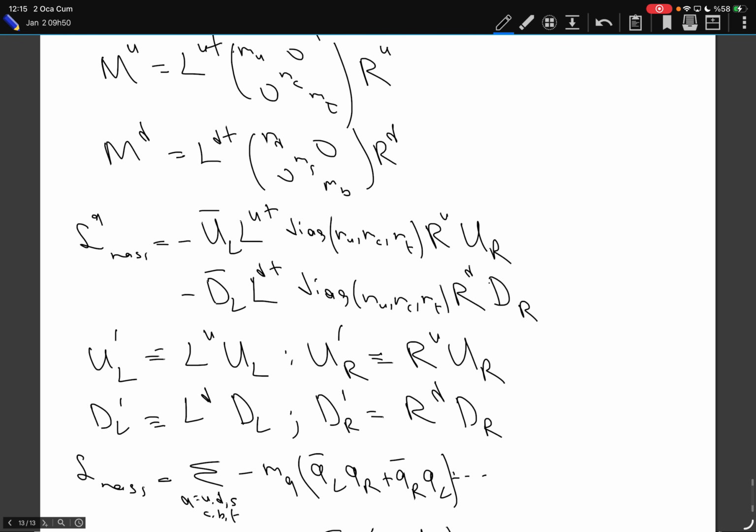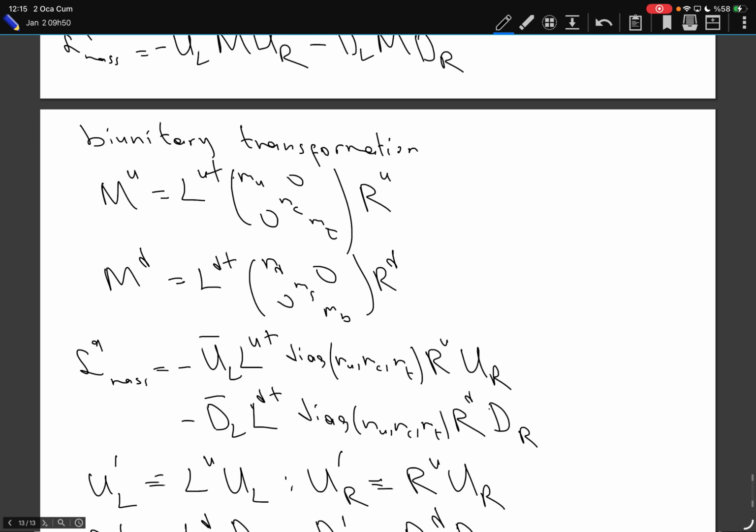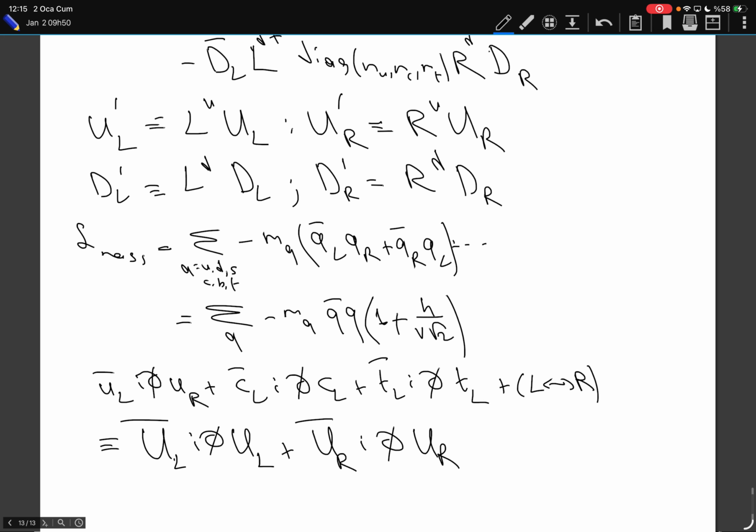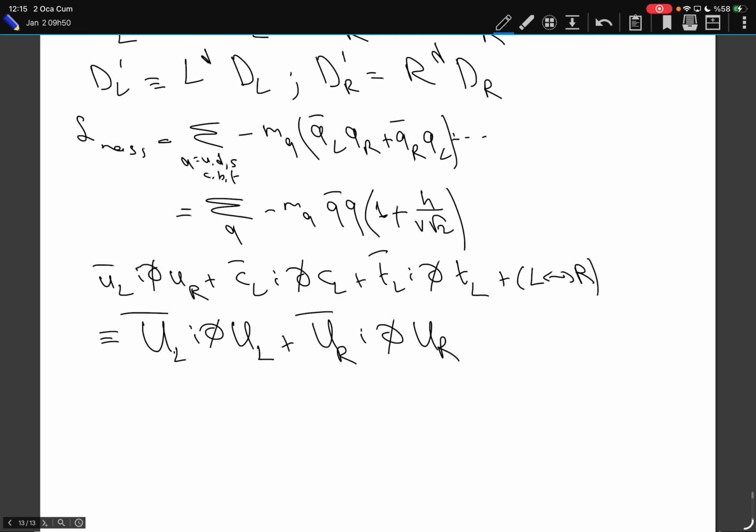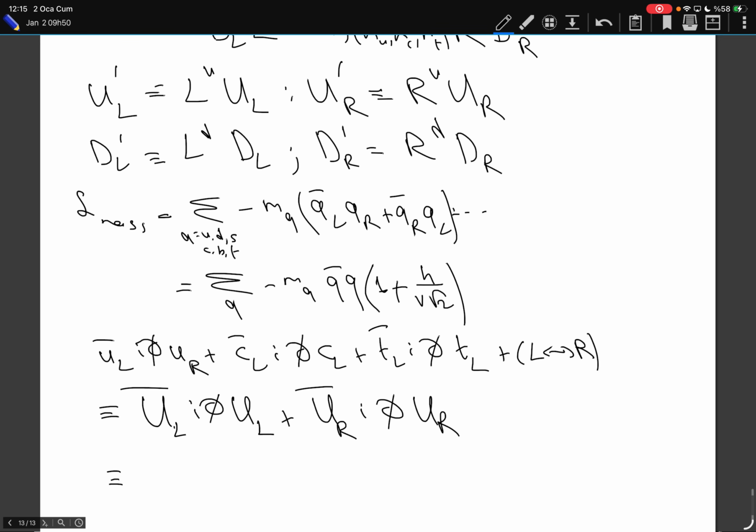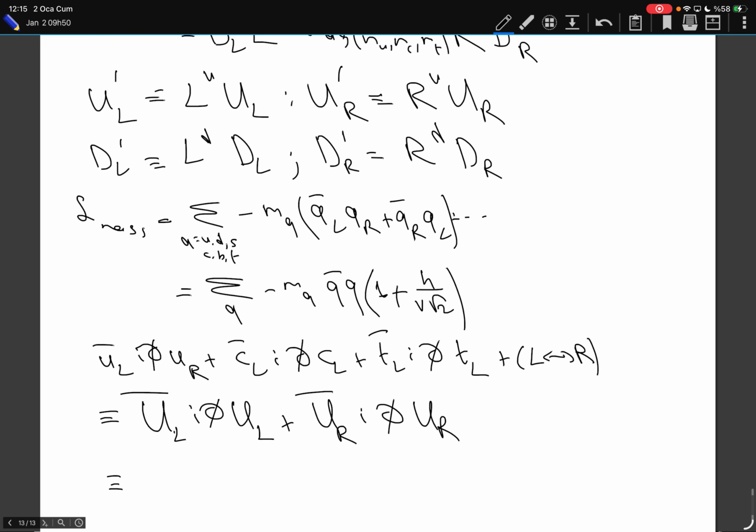Remember, this is called a biunitary transformation because the L and R matrices are unitary. So UL is LU dagger UL prime, since LU is unitary.